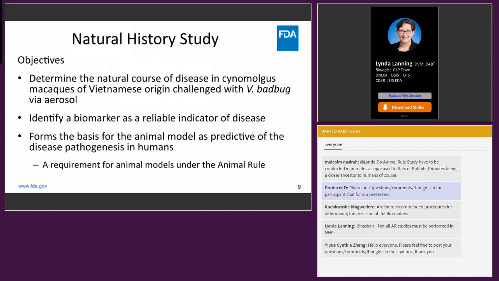And the third objective, and remember, this is, of course, a requirement for animal models under the animal rule, was to show that this animal model was predictive of the disease pathogenesis in humans.